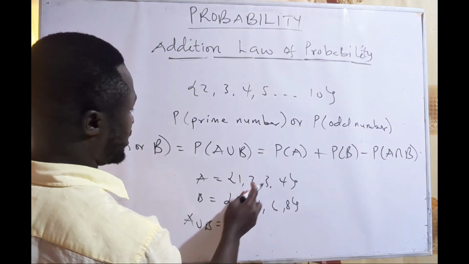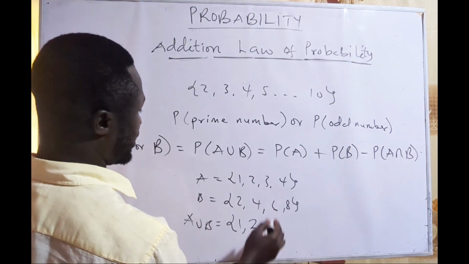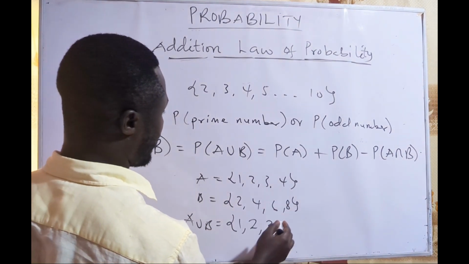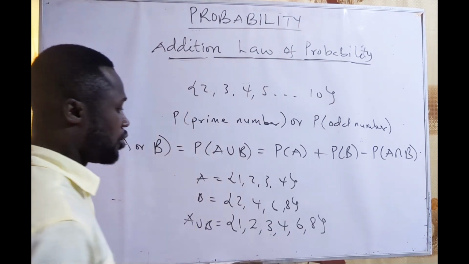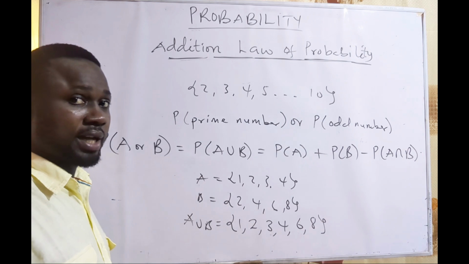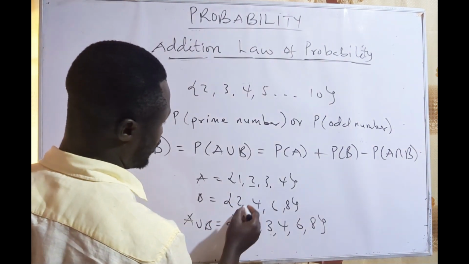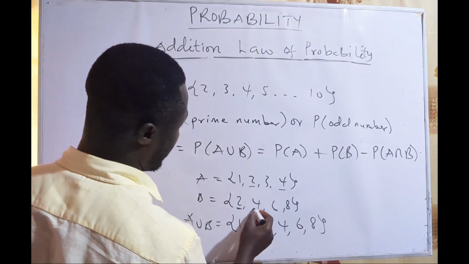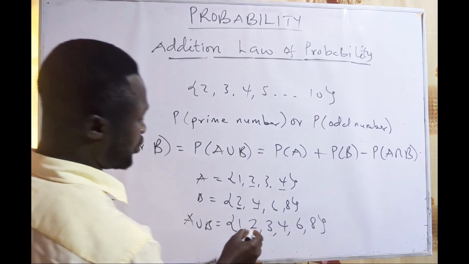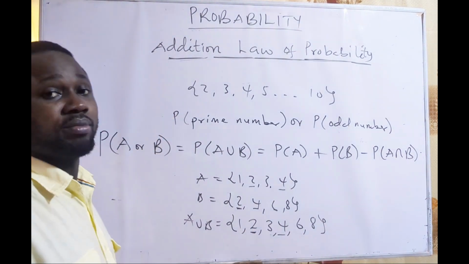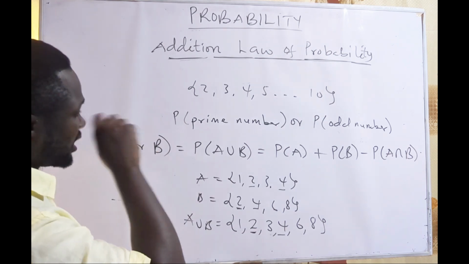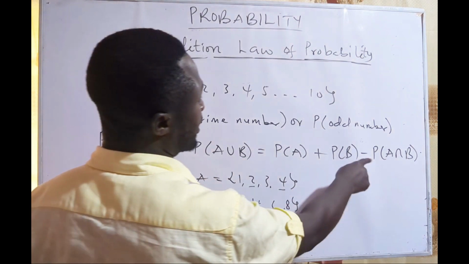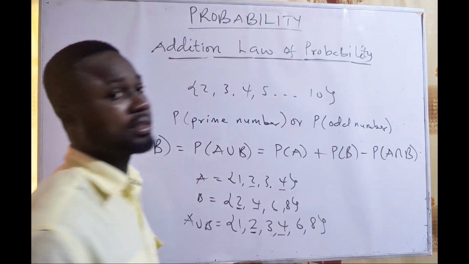It will be 1, 2, 3, 4, 6, and 8. You realize that there is an intersection, which is 2 and 4. But when you were listing, you just wrote them once. You didn't write them twice, as you can see that they occur in both sets. The same thing applies to why we subtract the intersection.